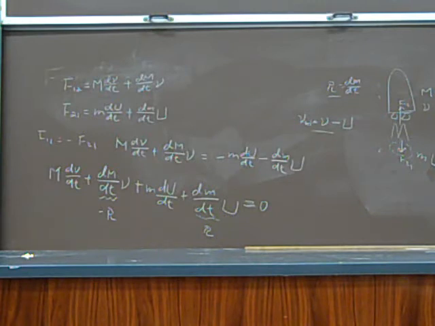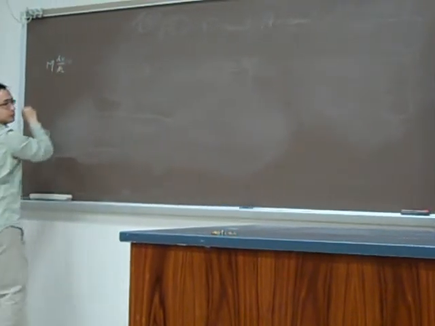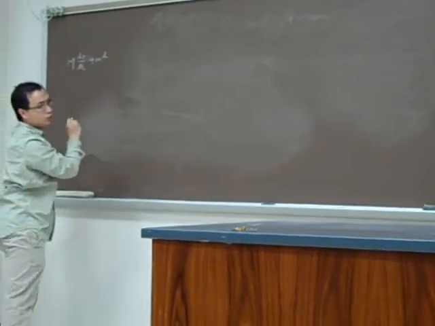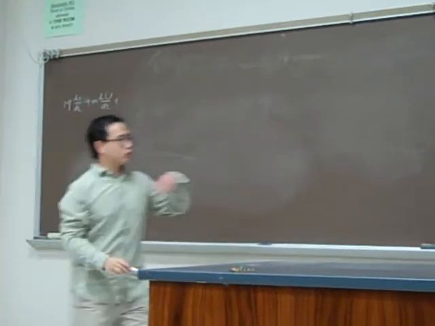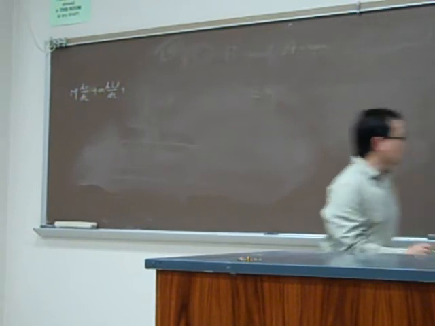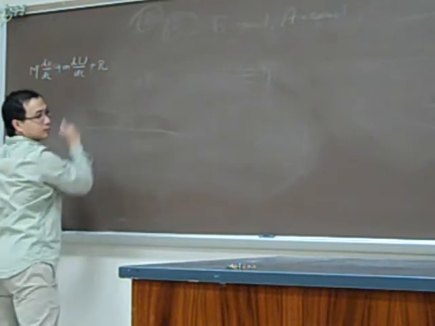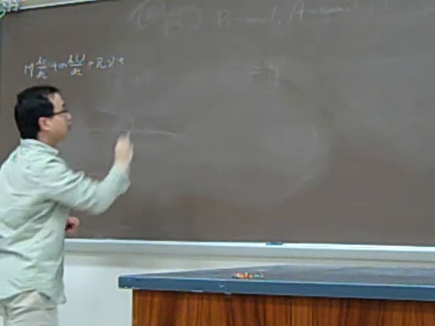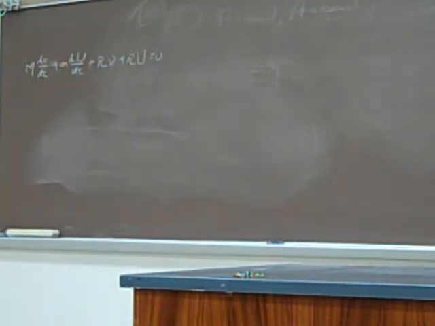So you get m dv over dt, this M du over dt, and then if we rewrite the two terms with negative r and r, so you have negative r multiplied by v plus r multiplied by u equals 0. Right?